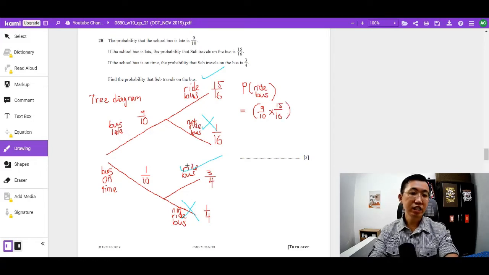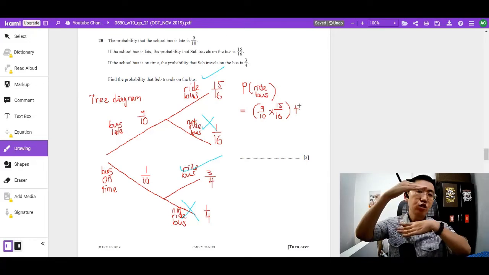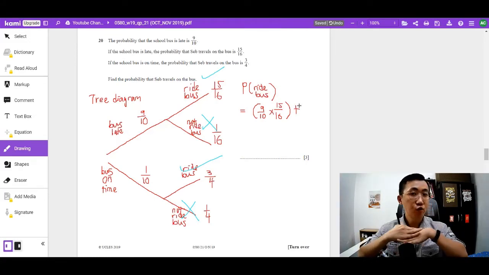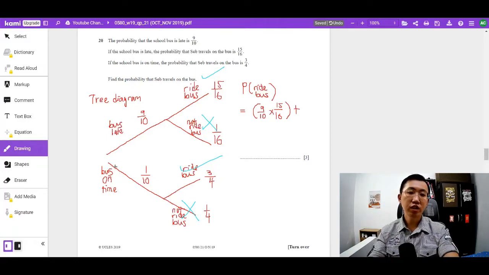Now another situation where he will ride the bus is this, so you need to do plus. There are two possibilities, so another one you have to add. Now we are moving along the branch again. 1 over 10, move towards the right, riding the bus 3 over 4. So now we need to multiply these two: 1 over 10 multiplied by 3 over 4. So these two are the only possibilities that he is riding the bus.